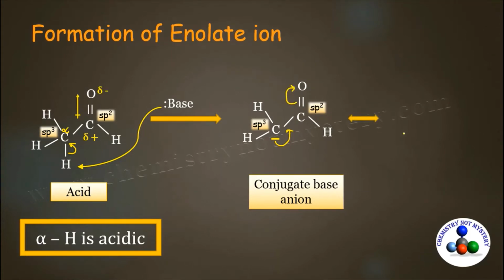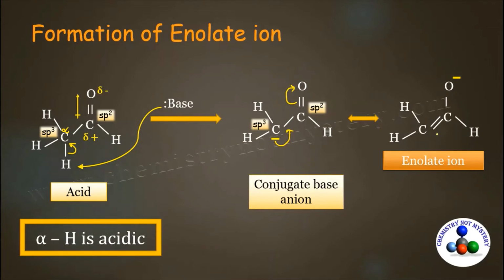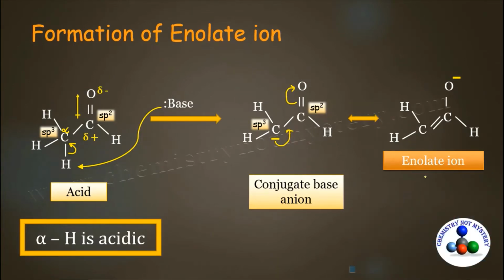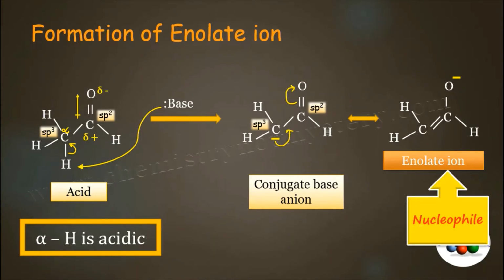As a result, enolate ion is formed in which oxygen carries the negative charge. This resonating structure is stable because the octet of each element is complete and the negative charge here is on electronegative oxygen, which is more stable. That's why this enolate ion acts as a nucleophile in aldol reaction, and it is formed due to the acidic nature of alpha hydrogen.